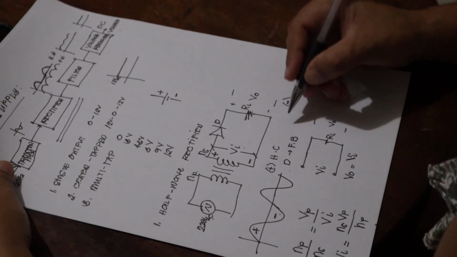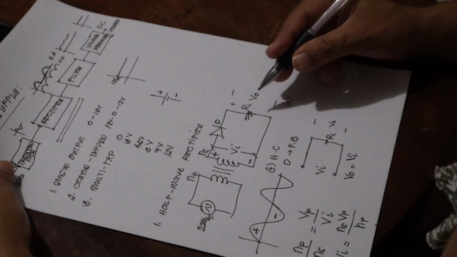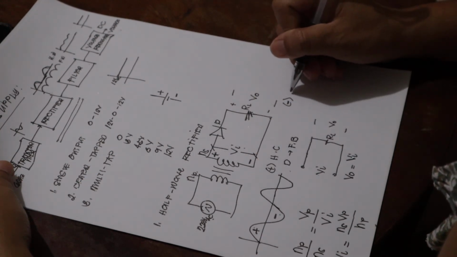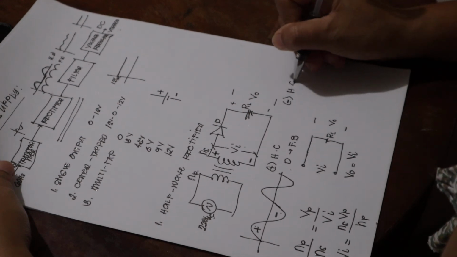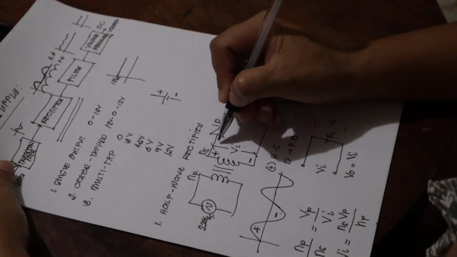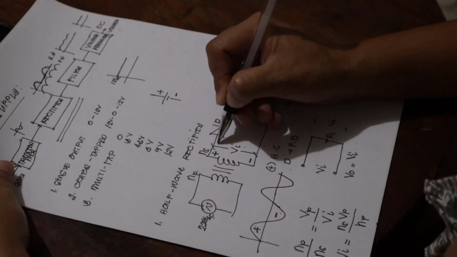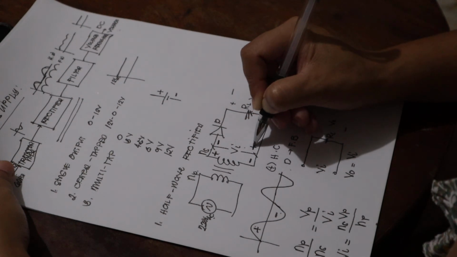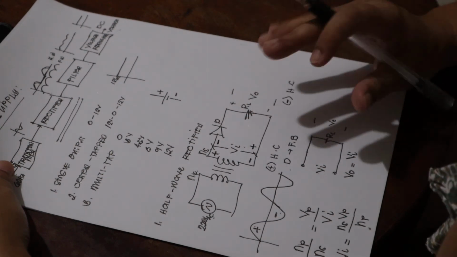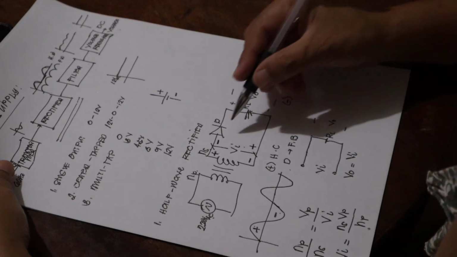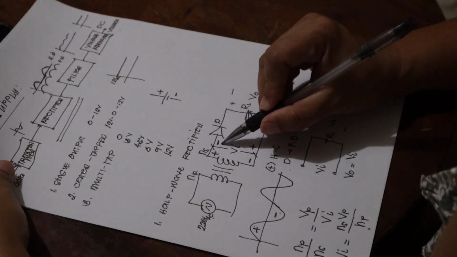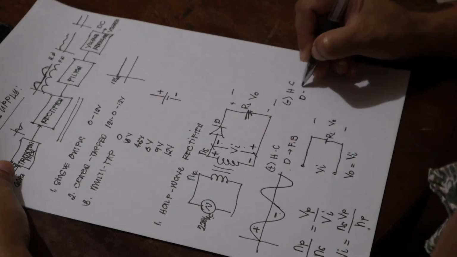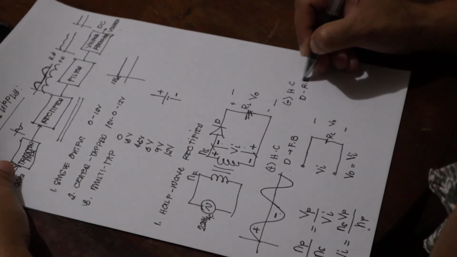Now, let us try to analyze din naman yung ating half-wave rectifier at the negative half cycle. This time, ang ating polarity na dito ng input voltage natin is negative na dyan, and then positive na tayo dito. Yung polarity nag-reverse na siya. So, negative connected to the anode, and that makes the diode reverse bias.